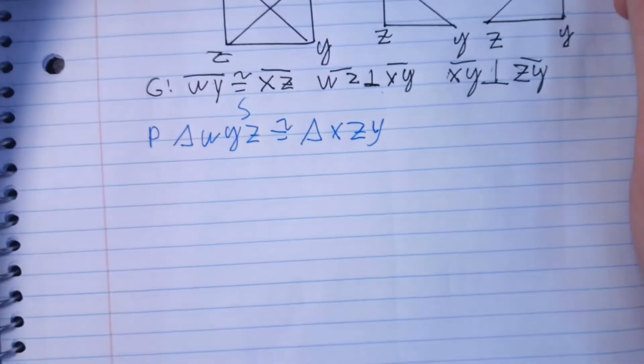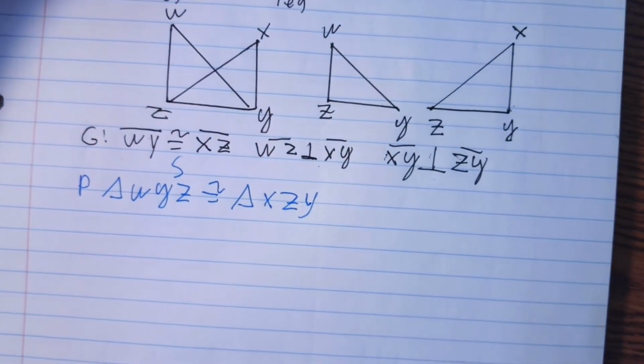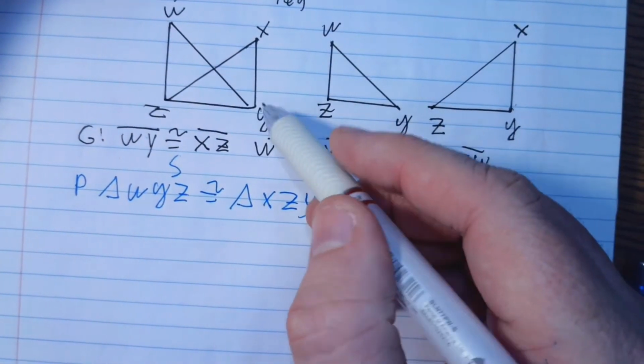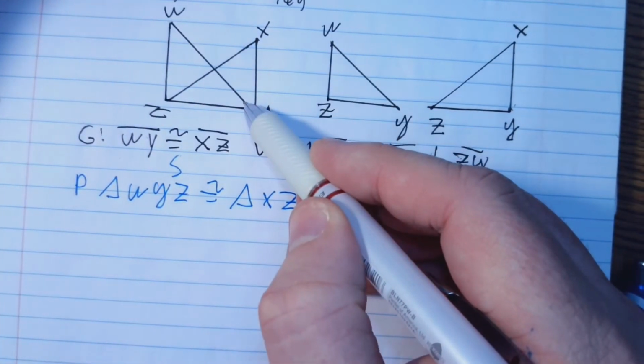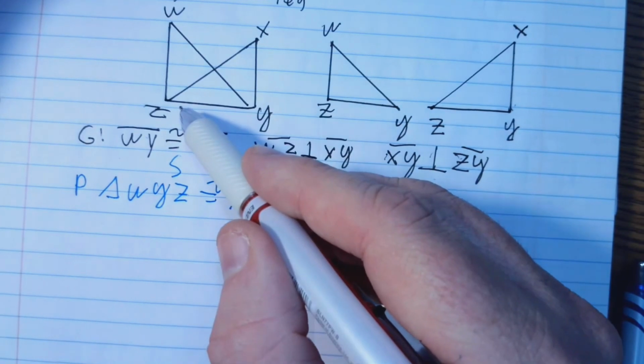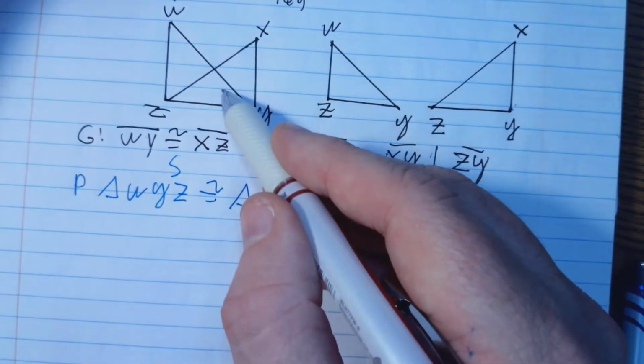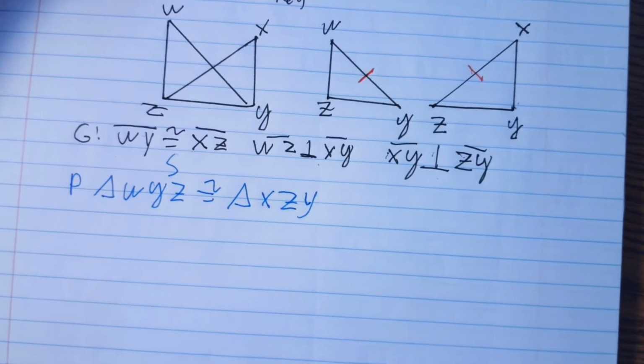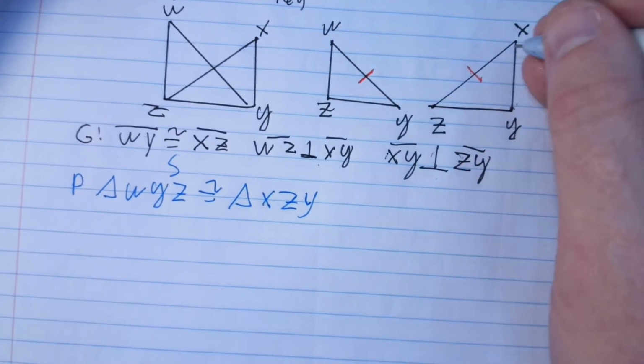Okay, so let's mark up what we're going to do here. It looks to me like WY and XZ is congruent. Very hard to mark on this shape, very easy to mark on this shape. Is that what that is? So that gives me a side.